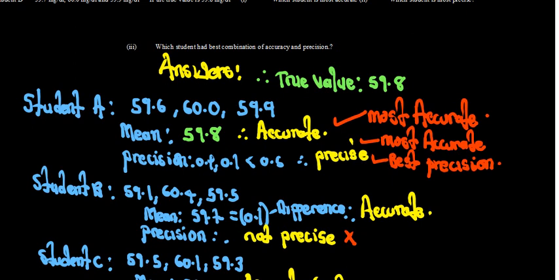Then precision is how close those numbers are to one another. The difference between those numbers must be less than 0.5. So if they're less than 0.5, they're precise. And if the difference between the exact value and the mean of those numbers is less than 0.5, it means that the numbers are accurate. So that's the difference between accuracy and precision.